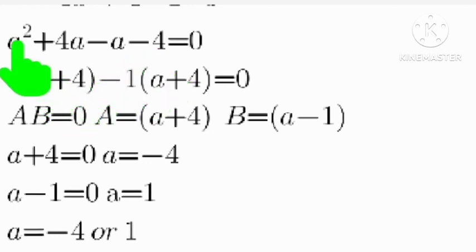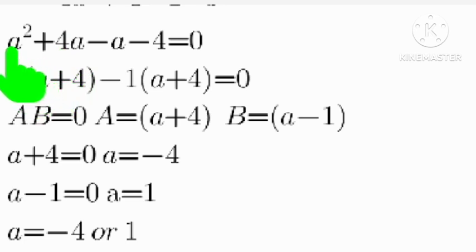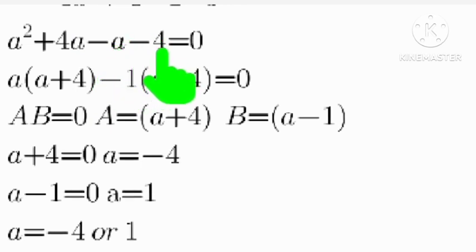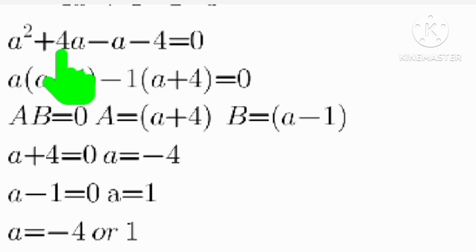In other words, what can divide the first term and the second term to the simplest value without remainder. The same thing for the third term and the fourth term. A squared, the only thing that can divide a squared is a. So we are going to have a into bracket a. What can divide 4a?